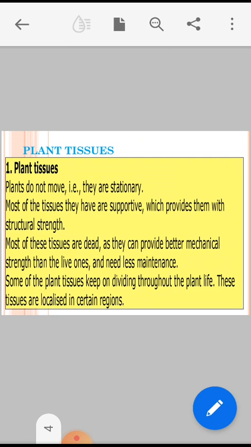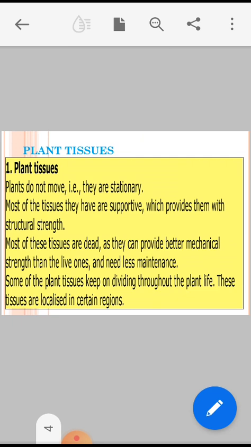They don't have to move from one place to another in search of food or shelter. Why? Because they are autotrophs and they make their own food with the process of photosynthesis. So most of the tissues present in plants are supportive and provide them with structural strength.